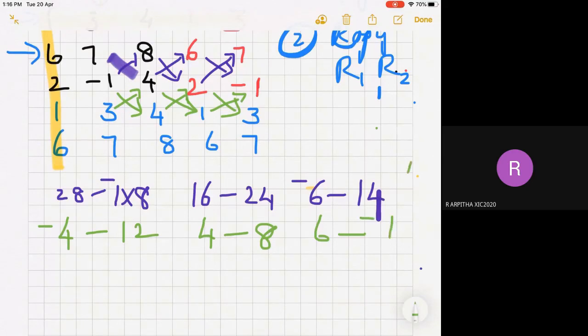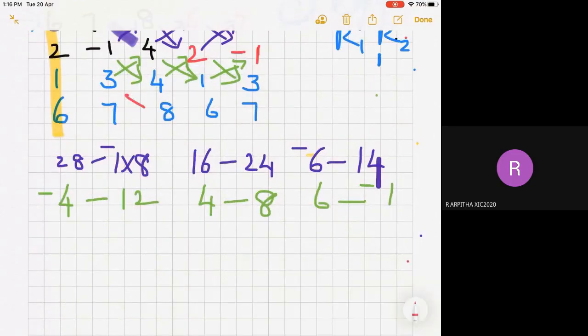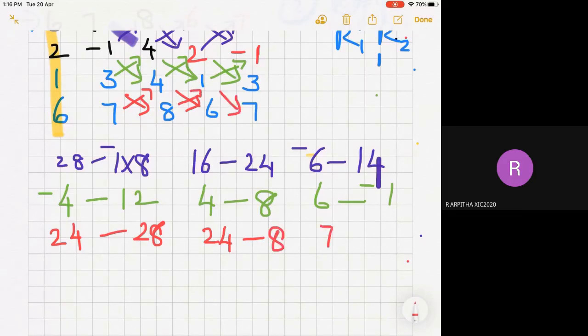Second row cofactors over. Now for the third row cofactors, I go here. 3 into 8, that is 24, minus 7 into 4, 28. Next, 6 into 4, 24, minus 8 into 1, 8. Next, 1 into 7, minus 6 into 3, 18.